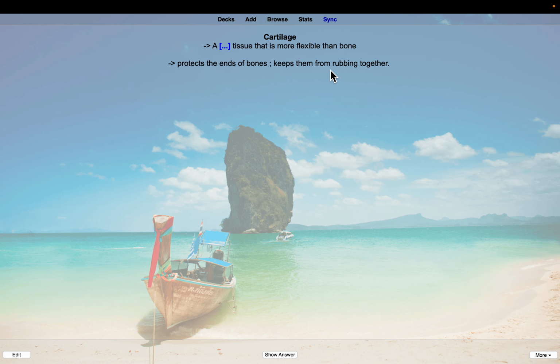Cartilage. It's a connective tissue that is more flexible than bone. It protects the ends of bones, and keeps them from rubbing together. So every time we move our joints, I believe the cartilage is seen in our joints because that's usually where we move.